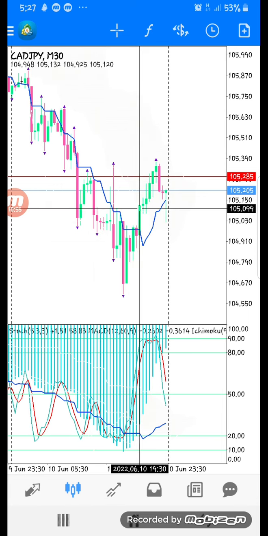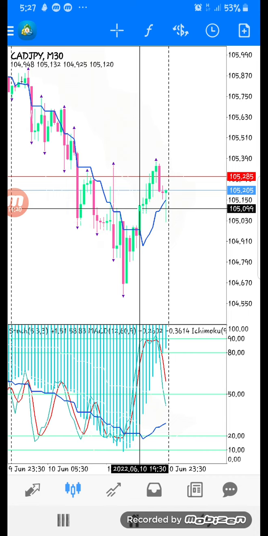Remember what I told you last time? When there's a breakout, but the Ishimoku has not curved, has not bent towards the direction you want to trade, you have to wait, be patient till you see even the slightest bend or curve of the Ishimoku towards the direction you want to place your trade.